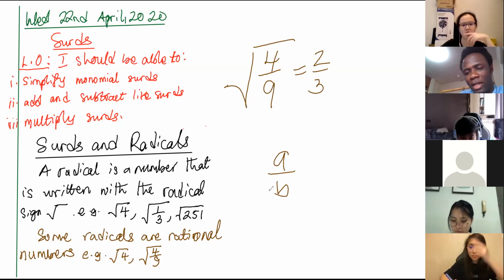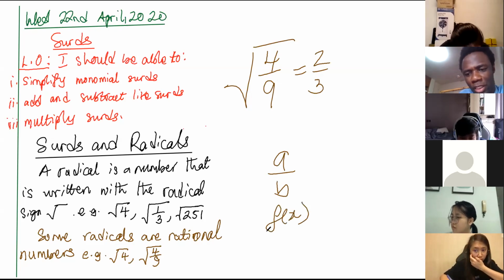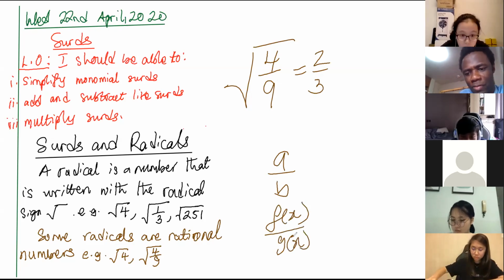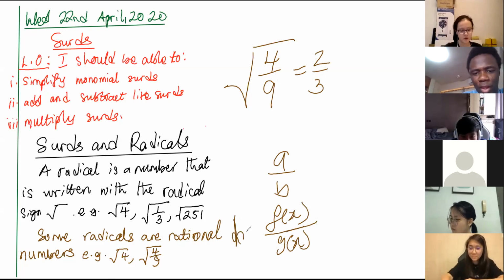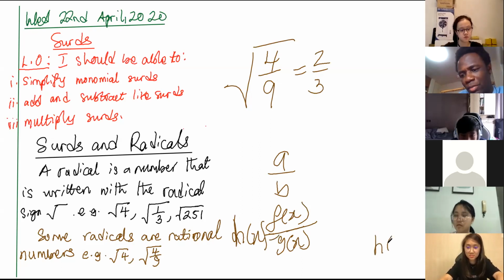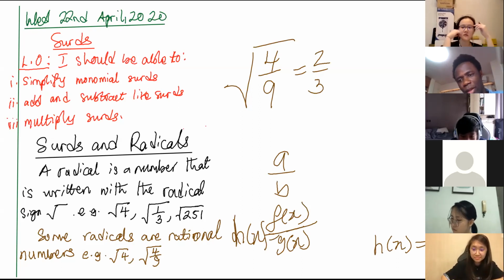So that is why later you'll be learning rational functions. They are functions in this form. So if I have h of x in this form, then h of x is a rational function. For example, h of x equals x plus 1 divided by x minus 2. This is a rational function. Okay? Understood, everybody, what I mean by rational function, rational numbers?